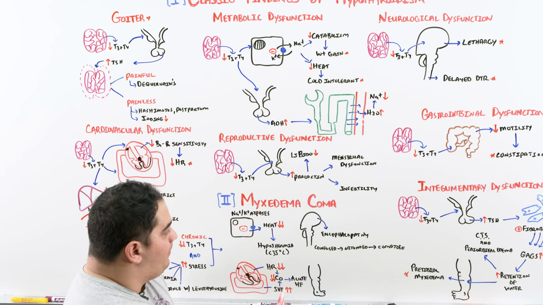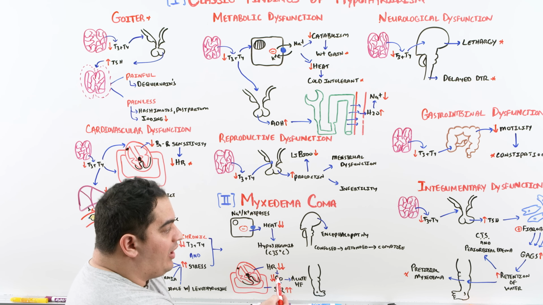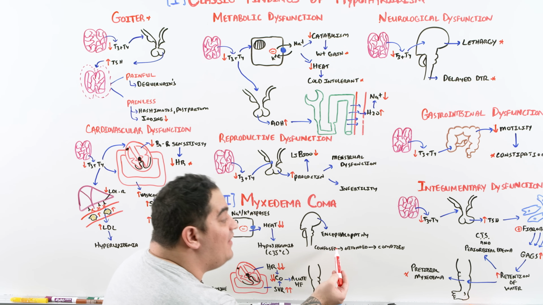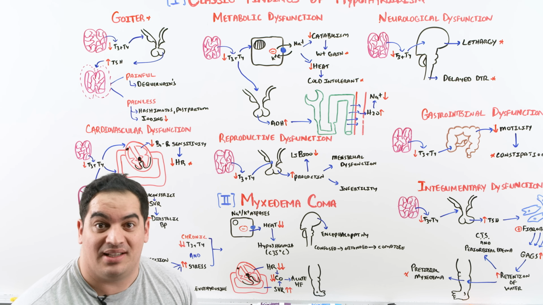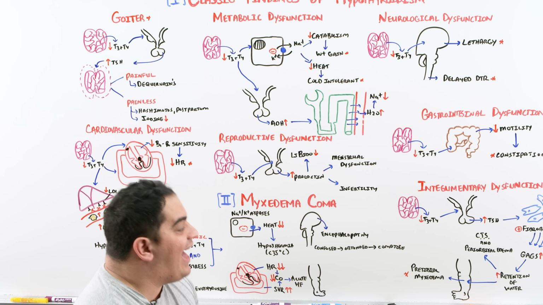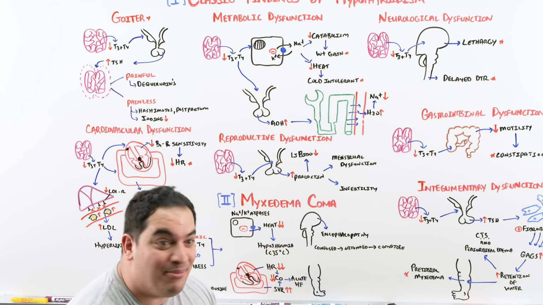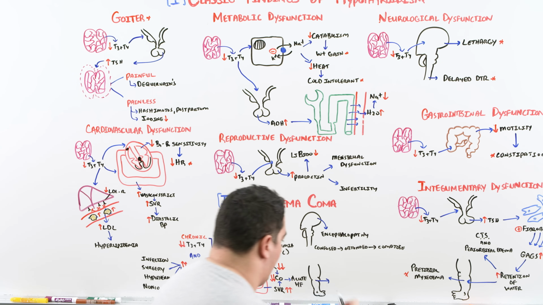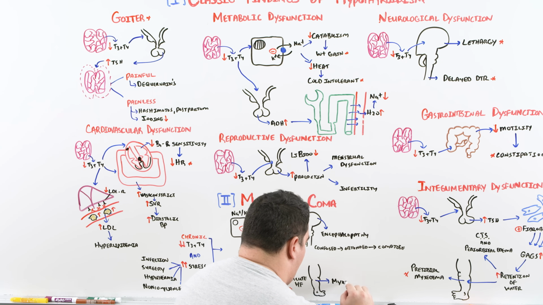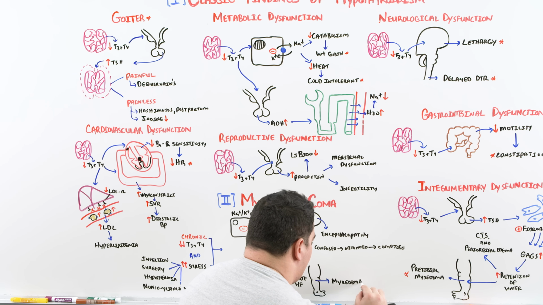So if I see hypothermia, bradycardia, and severe encephalopathy, I'm really thinking about a patient who has Myxedema Coma. And then if I add on myxedema, then I have a recipe for a patient who has likely Myxedema Coma. And what do I mean by myxedema?